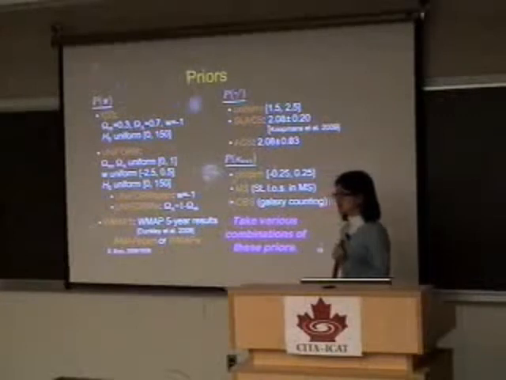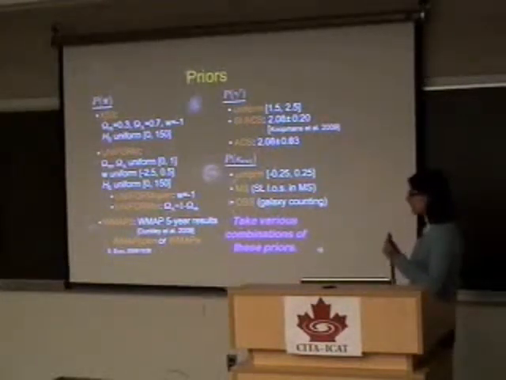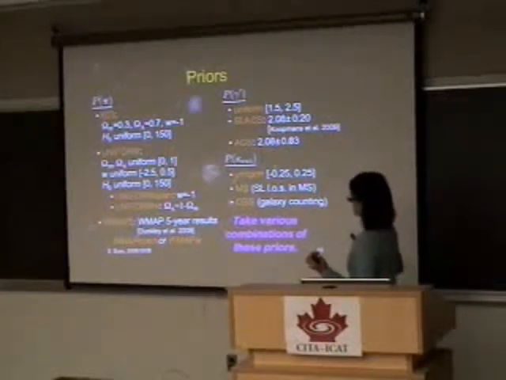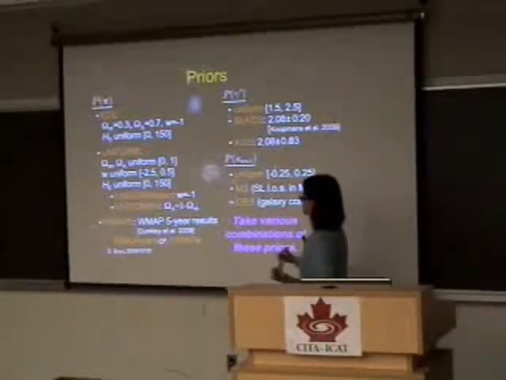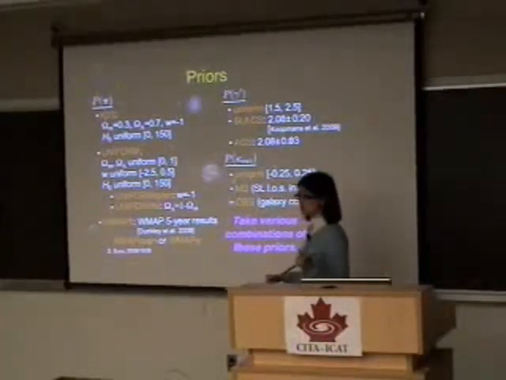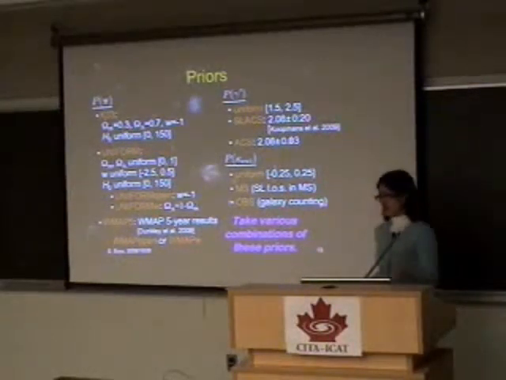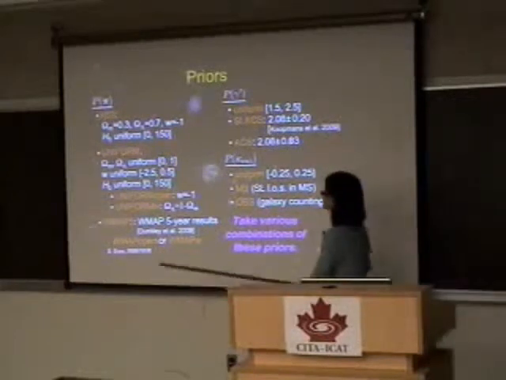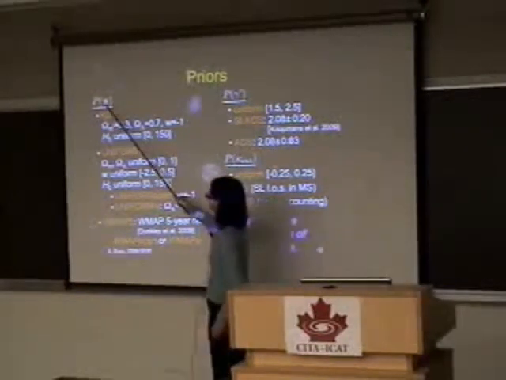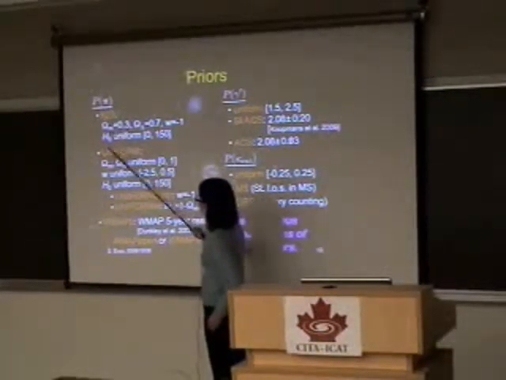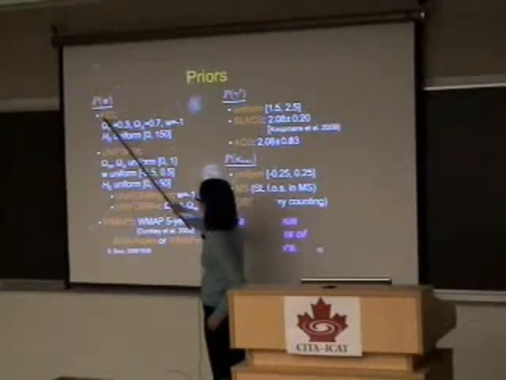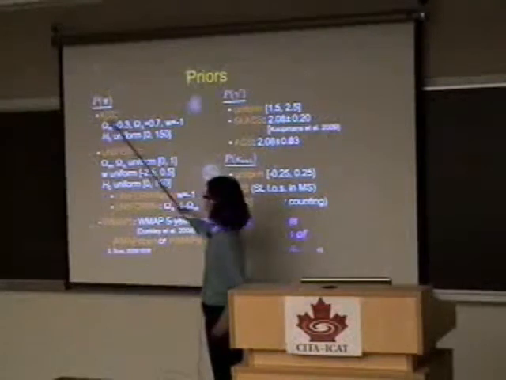A key goal of this work is to identify and quantify the dominant systematic effects in time delay lenses, particularly 1608. In order to do so, we assign well-motivated priors for each of the parameters and compare them quantitatively. For the cosmological parameters, we have three priors: CO03, uniform, and WMAP5. The first one, CO03, is Coles et al., 2003.